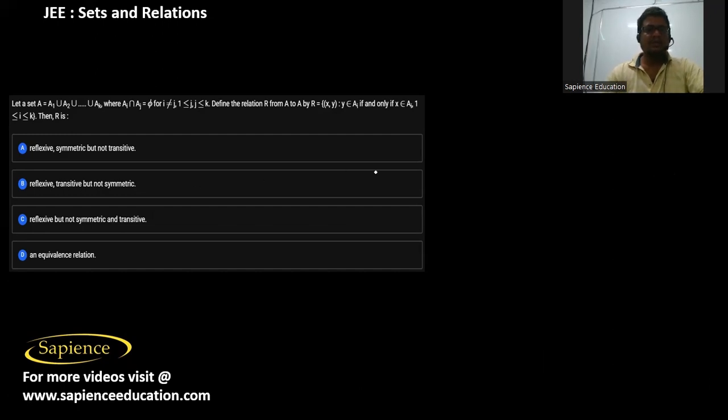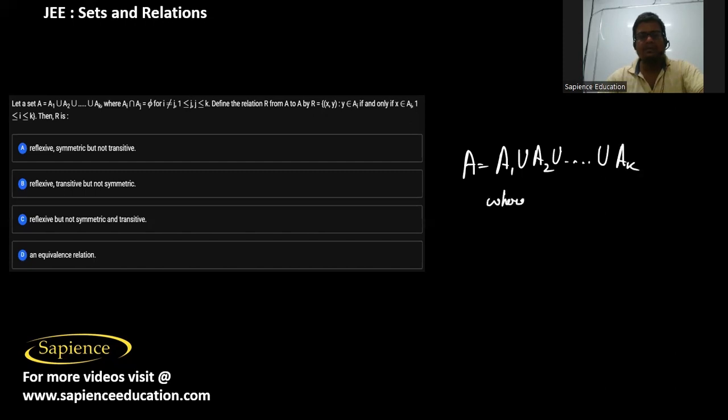Okay, here it is told that let us set A equal to A1 union A2 union till AK, where AI intersection AJ is equal to phi, for I not equal to J, and I, J greater than or equal to 1 and less than or equal to K. So it means that all these sets are disjoint sets.